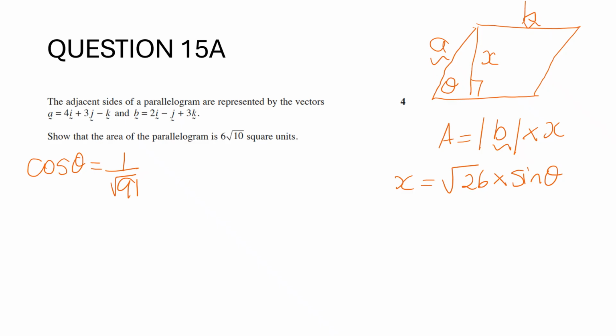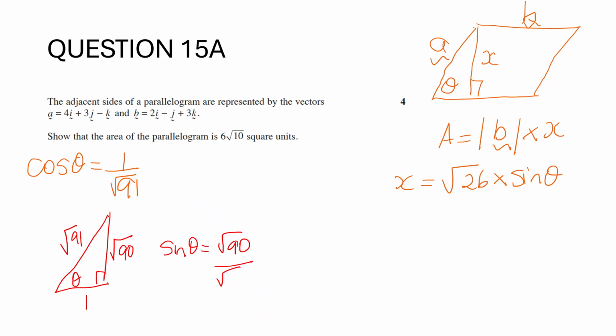Now we need to get an exact value for x, and so we need an exact value for sine theta. So let's draw up a right-angled triangle where we've got theta here and we've got adjacent over hypotenuse, which using Pythagoras' theorem will give us root 90 there on the opposite side, and so sine theta is equal to root 90 over root 91.